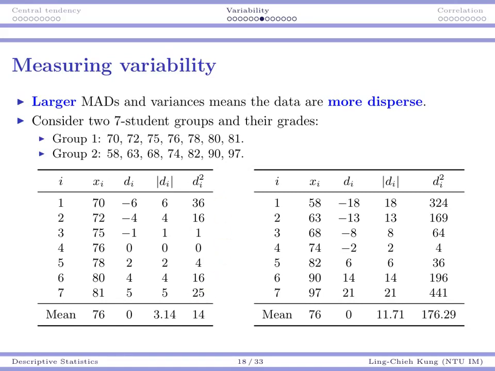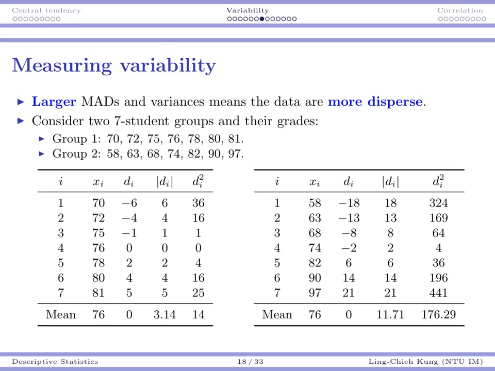We can see that for the second group, the MAD is larger, and the variance is also larger, right? Then we say the second set of data is more dispersed. If we look at those original numbers again, indeed we would agree that the second set of data is more dispersed. Or we can say that these 7 students' scores are different to a larger degree.